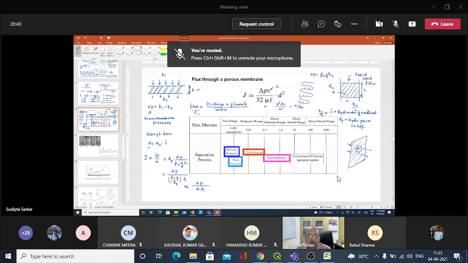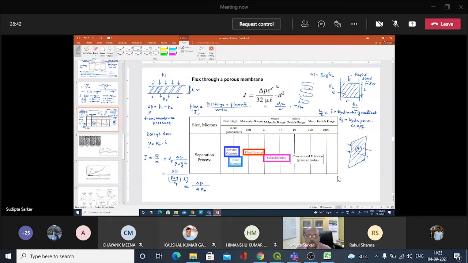So all these components, rho W, G, L, and part of Kp, are incorporated into this Km value. So in other words, we can write this equation as delta P divided by mu and Km.